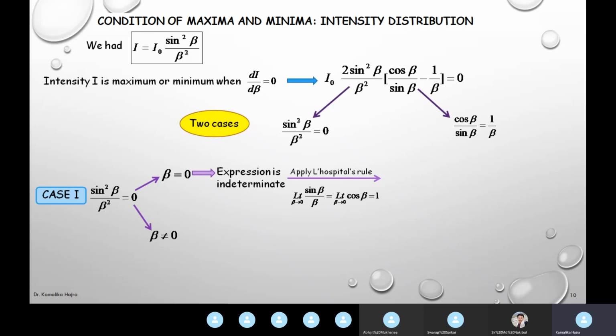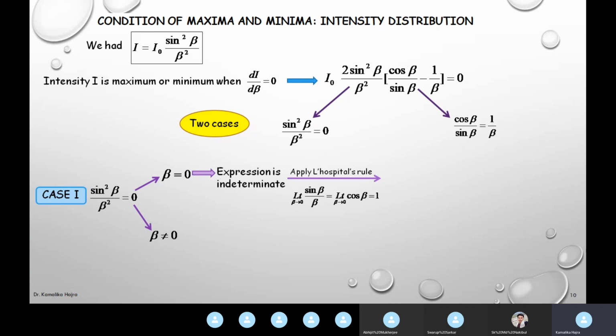That limit beta tends to 0 sine beta by beta, if this is the condition, then we go on differentiating the numerator and the denominator until the denominator becomes non-zero. Just reminding you, in this case it is very easy because we have sine beta by beta.